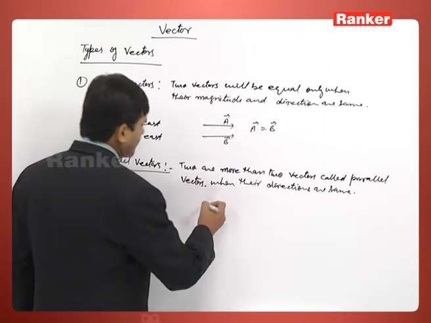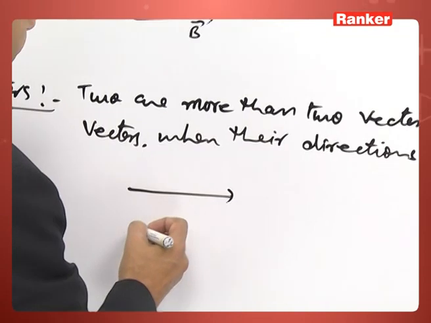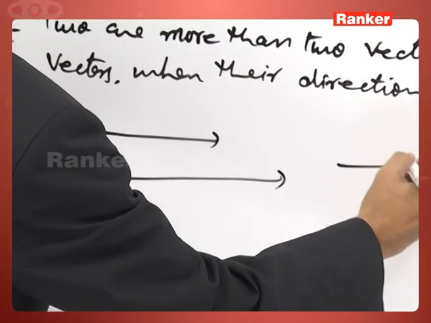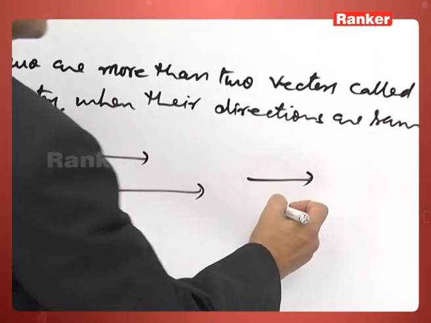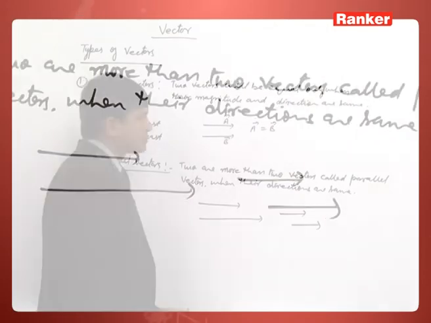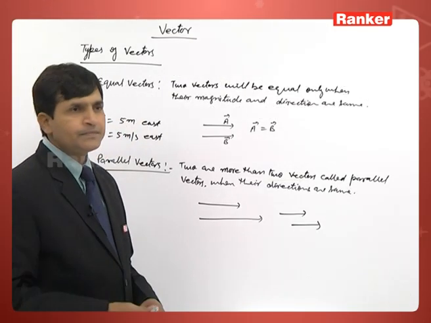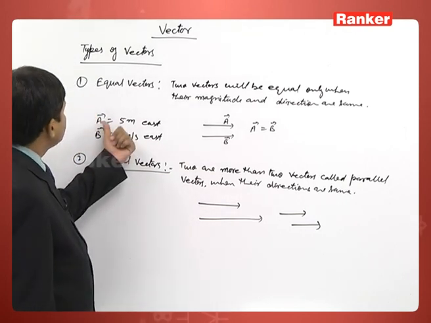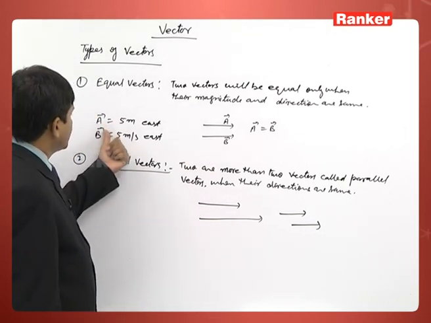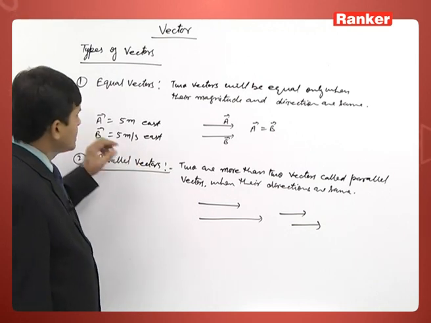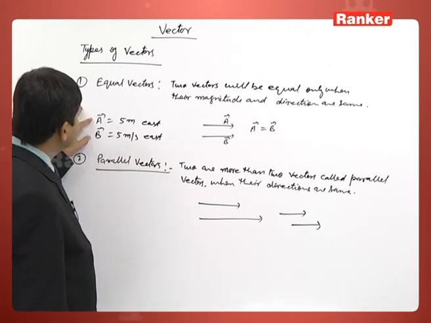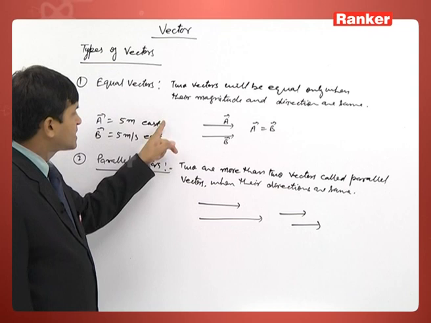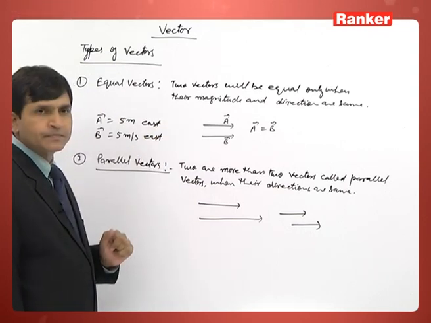So, all those vectors which have the same direction can be said to be parallel. For example, if I am talking about these two, A and B, these are different physical quantities, but their directions are the same.